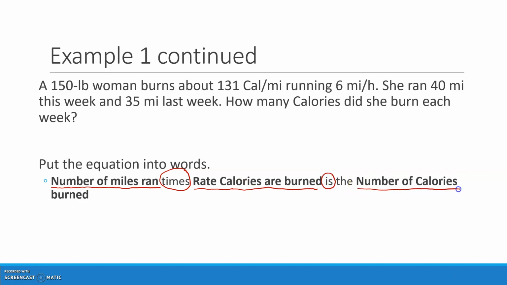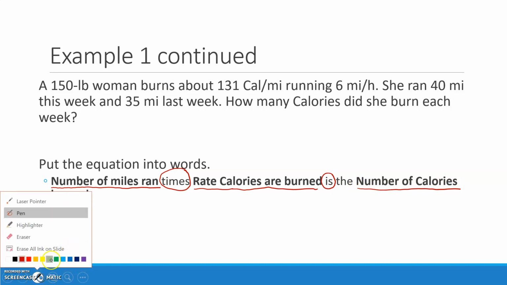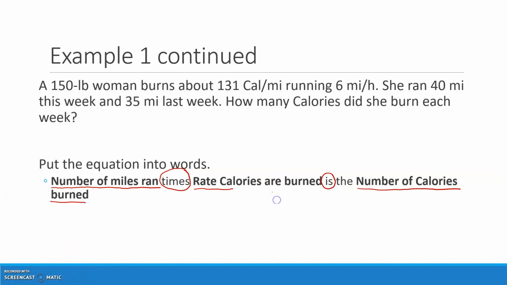And then the number of calories burned. So actually, let me change this up and use some different colors. I should have been doing that as I went. So make sure that you write this equation out in words. This is going to be part of your homework. Number of miles ran times the rate of calories are burned is the number of calories burned.